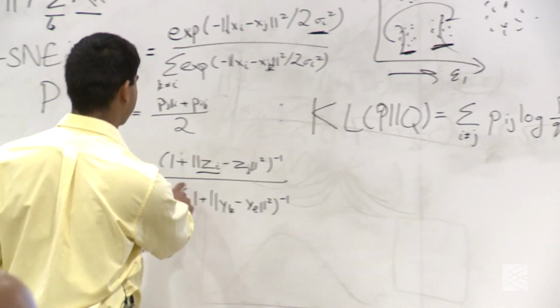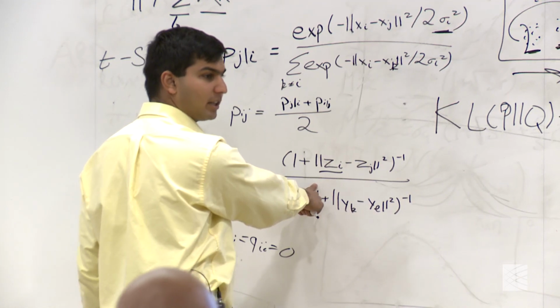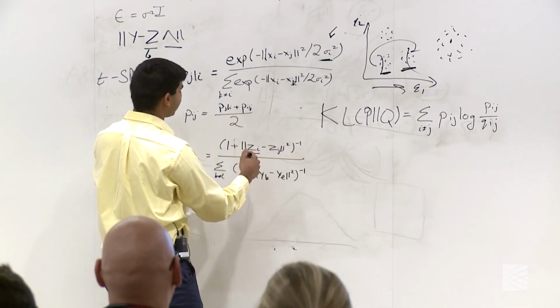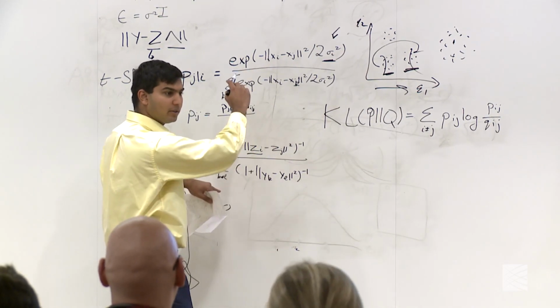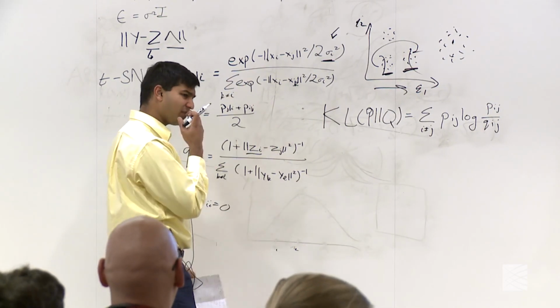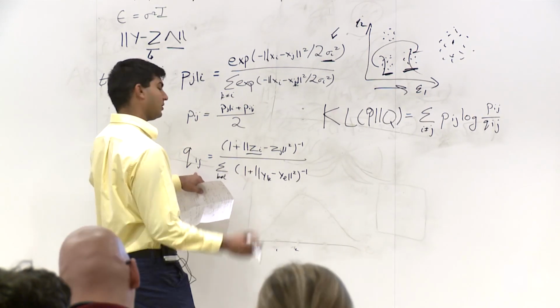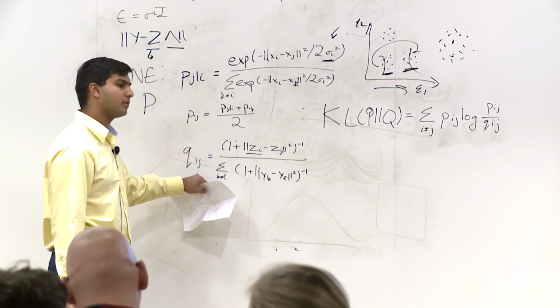It's more about how these kernels lead to clustering. The KL divergence is just a similarity metric between the two, right? QIJ is look at clusters in lower dimensional space.